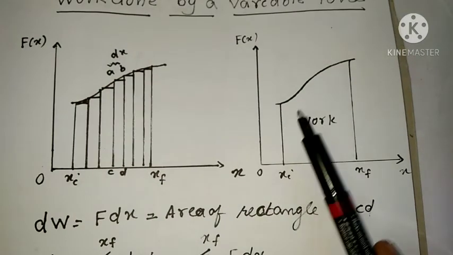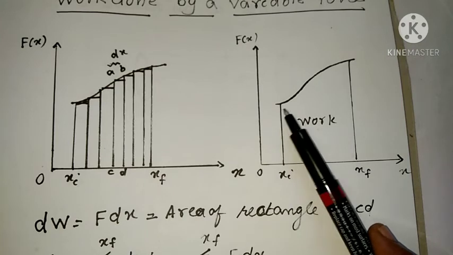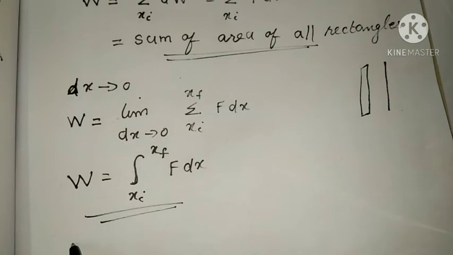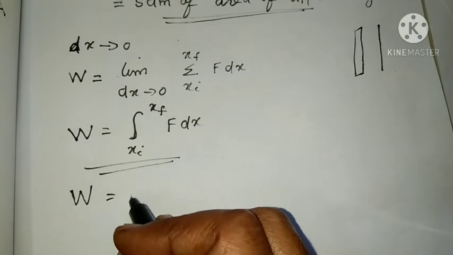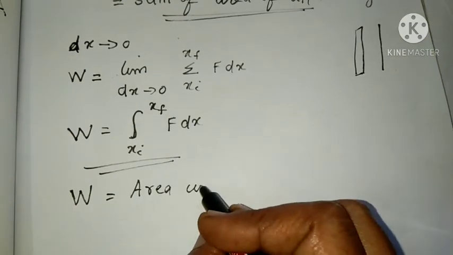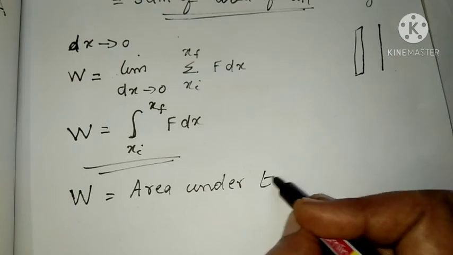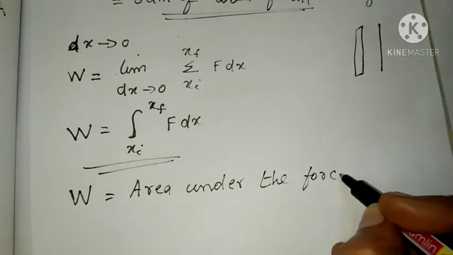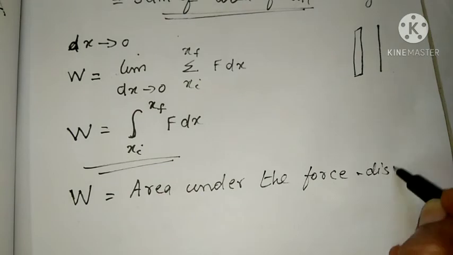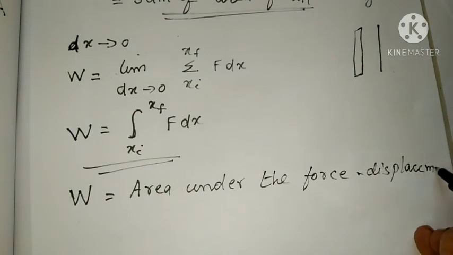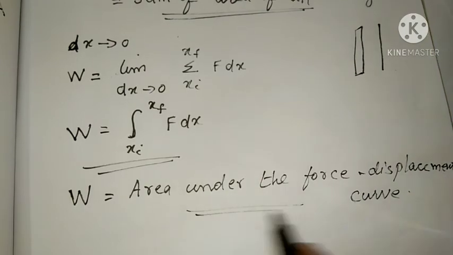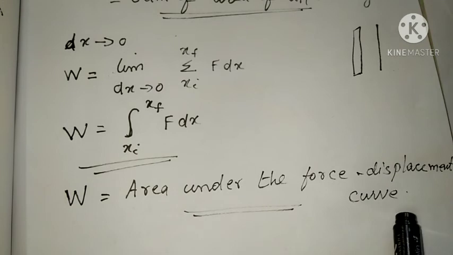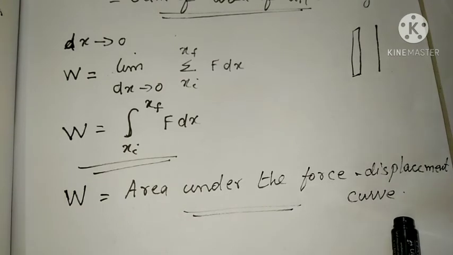So we get the work done by the variable force equal to the area under the force displacement curve. So how can you find the total work done under a variable force? It is equal to the area under the force displacement curve.